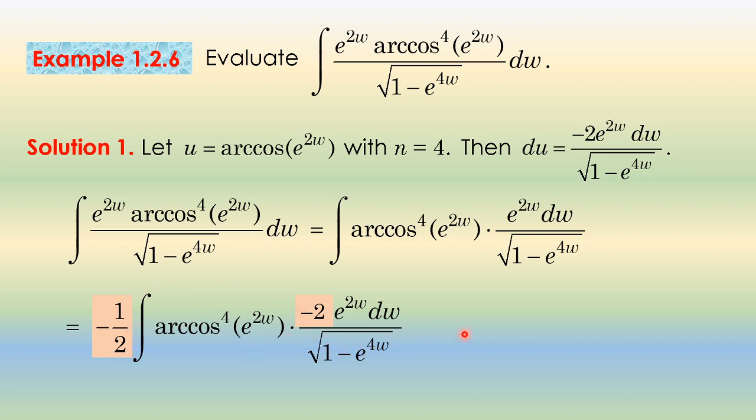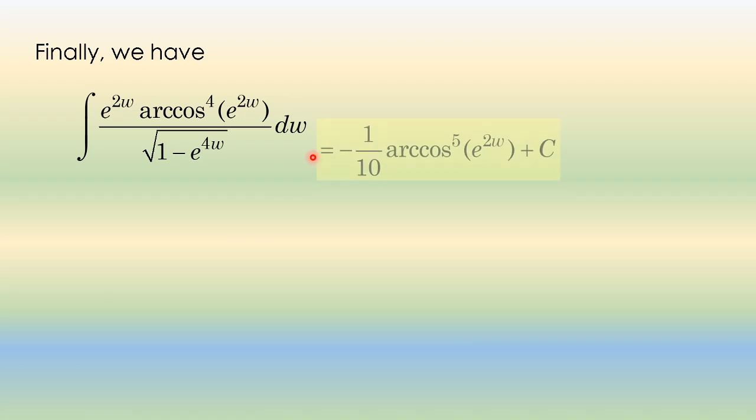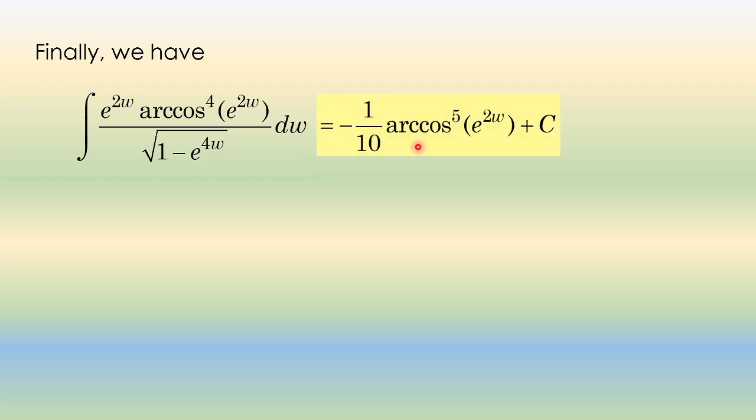So the integral is equal to u to the n plus 1, so from 4 it becomes 5 over 5, times negative 1/2, plus c. So finally we get negative 1 over 10 arc cosine of e to the 2w quantity to the 5th plus c.